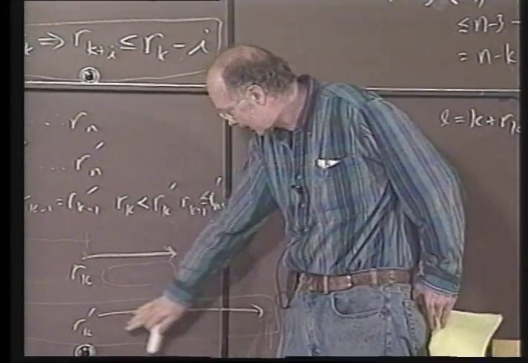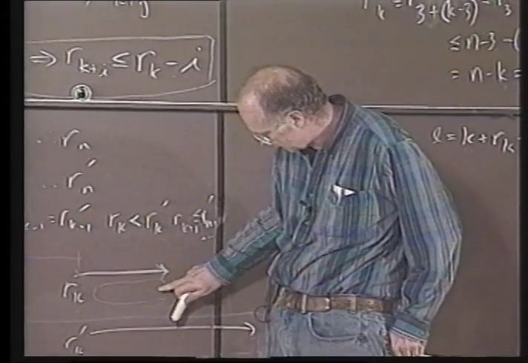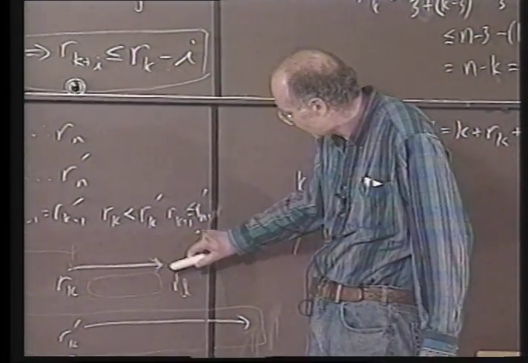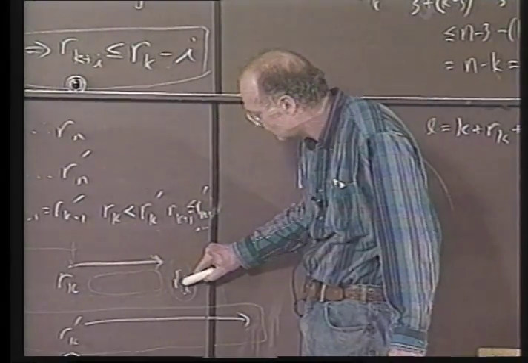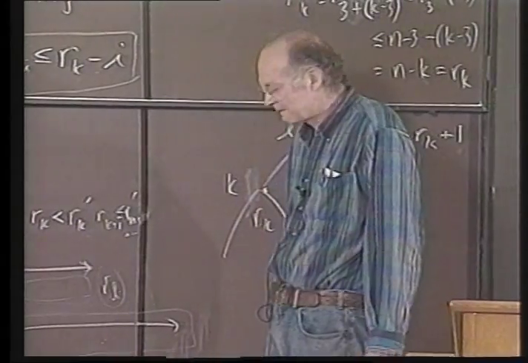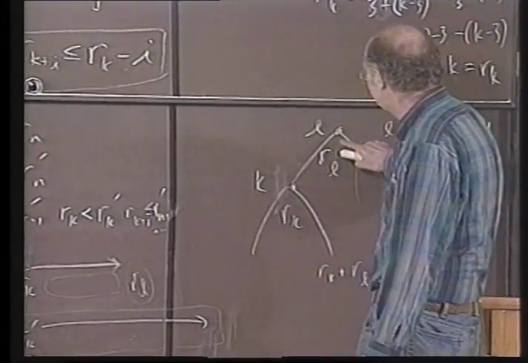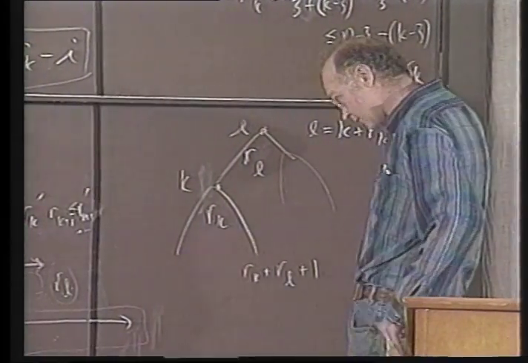So RK can't be too large, and therefore RL, which sits inside this box, is also under this same constraint. That's going to be the key that proves that there is a node above it.